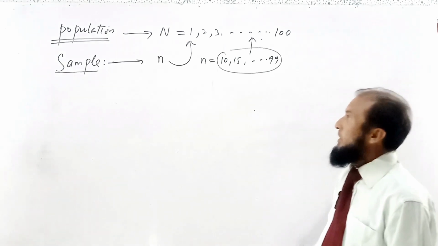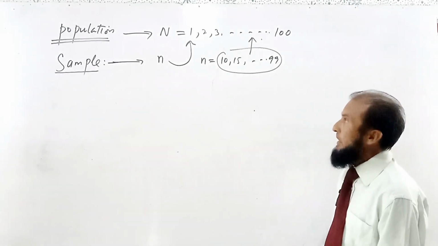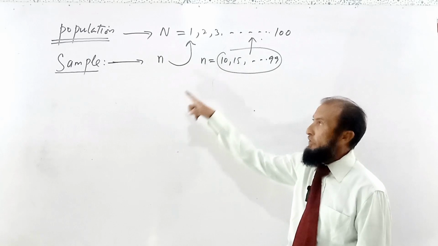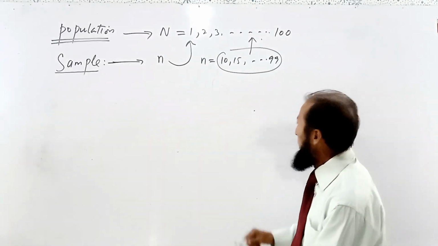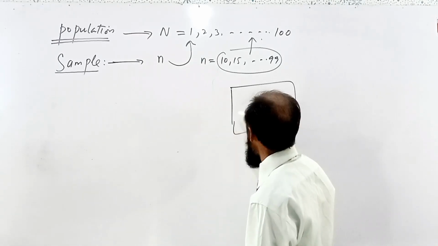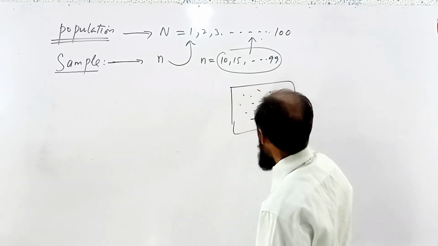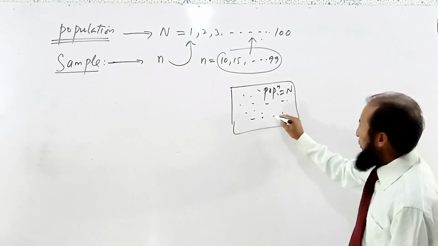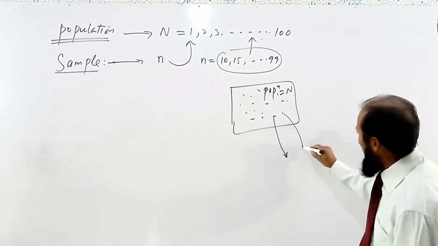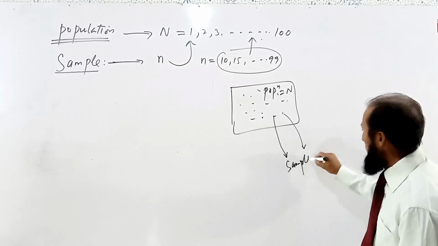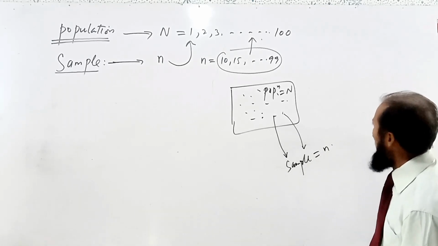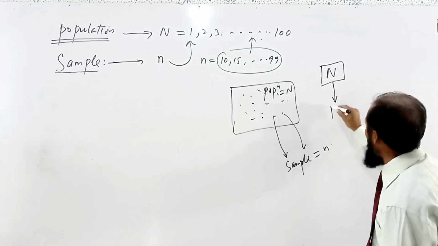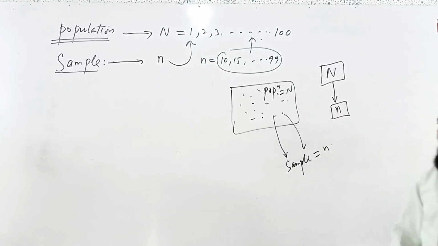Population is always denoted by capital N, and a sample is the representative part of the population, a subset of it. If some tiny drops are selected from the whole blood, that will be called a sample, represented by n.